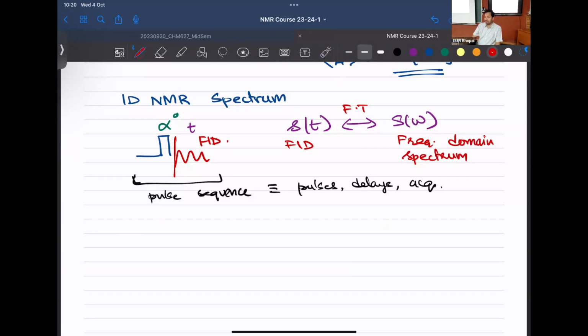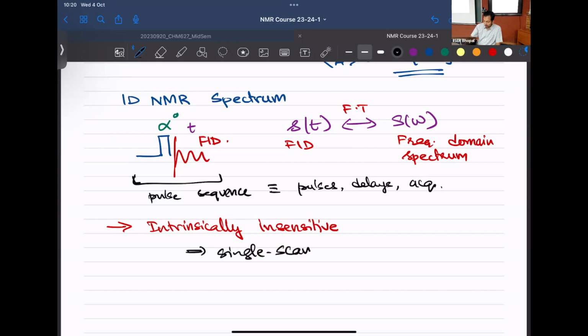So there are many different aspects to running an NMR experiment. We all know that NMR is intrinsically insensitive. We have seen this several times. We appreciate the fact that this is indeed the case. So therefore, a single scan experiment is seldom enough. What is a single scan experiment? Basically, if you just perform one of this experiment, collect the FID only once, it's seldom enough because you might not get the appropriate sensitivity.